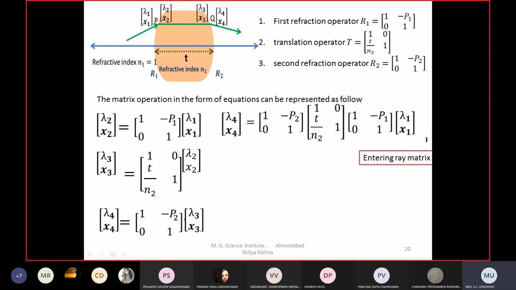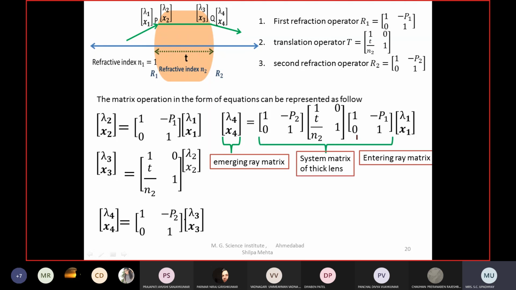So this is the entering ray matrix lambda 1 x1 and lambda 4 x4 is the emerging ray matrix, and in between, the three matrix multiplication gives us the system matrix of thick lens. So if we multiply all the three matrices, we get the system matrix of the thick lens.